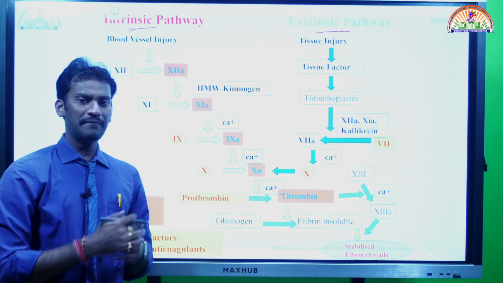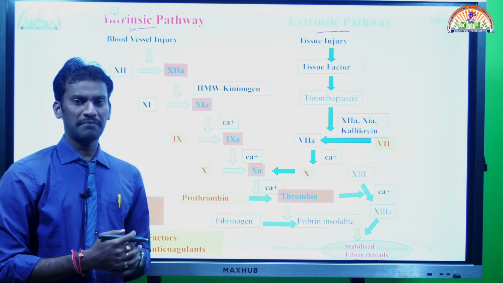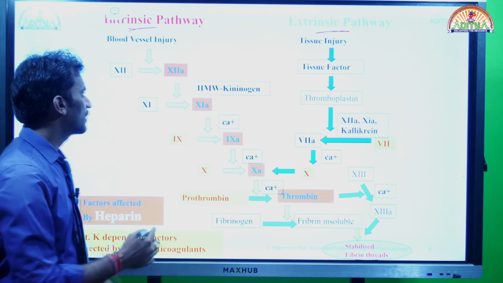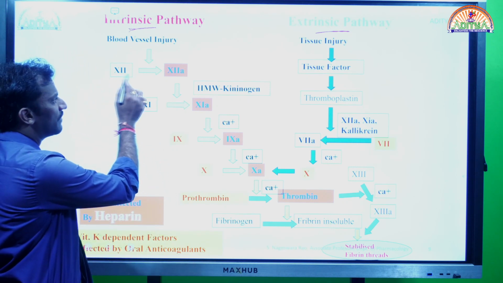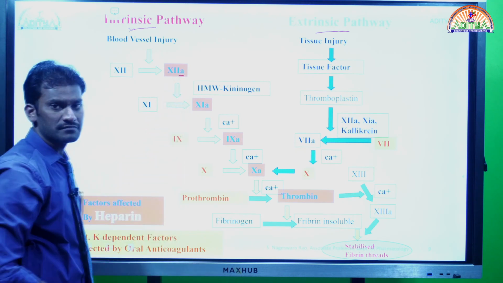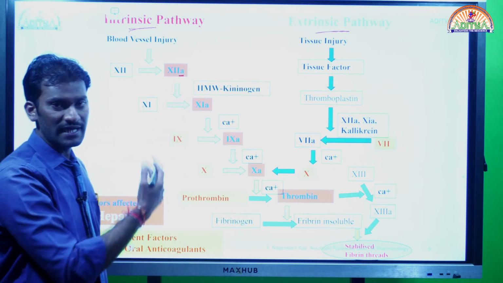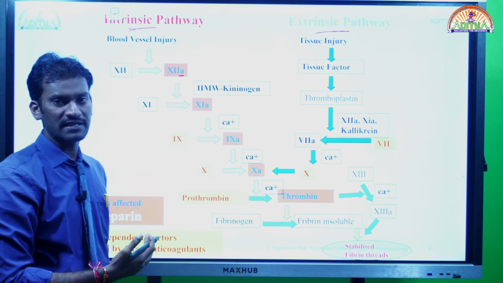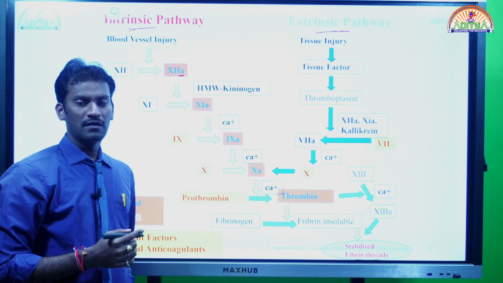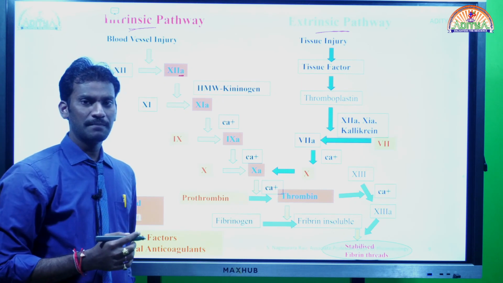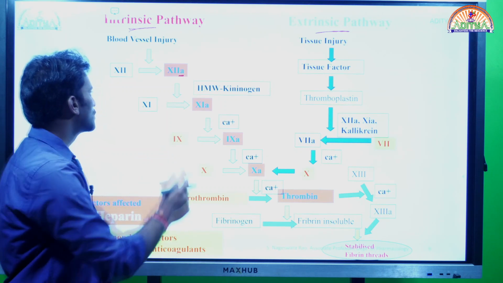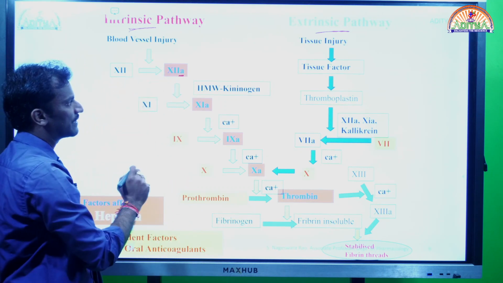When there is any rupture of a blood vessel, the factors will be converted to the activated form. So 12 is converted to 12A. Here A indicates the activated form.